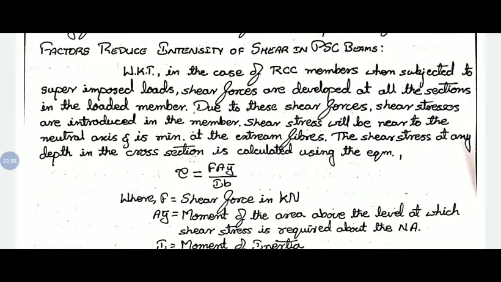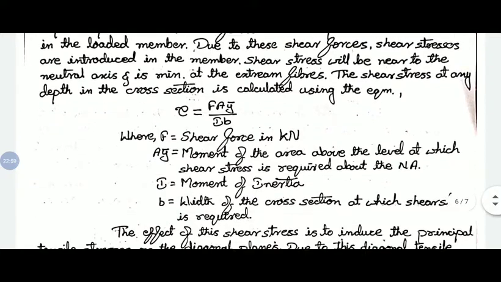The effect of this shear stress is to induce principal tensile stresses on the diagonal planes. Due to these diagonal tensile stresses, diagonal cracks develop at the support section.